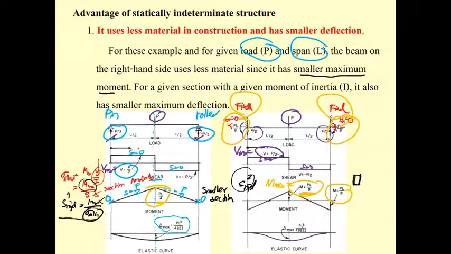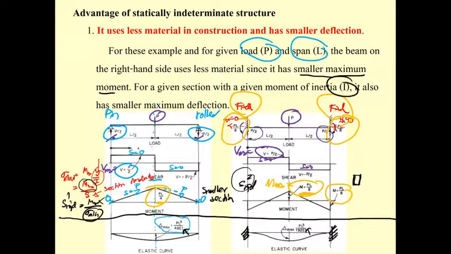Next, for the deflection, if we provide the beam with the same I, that means the beam with the same section modulus can count on the same I. Since this beam is fixed, when it's subjected to the force, you may represent it by putting the force at the middle and holding both ends fixed.